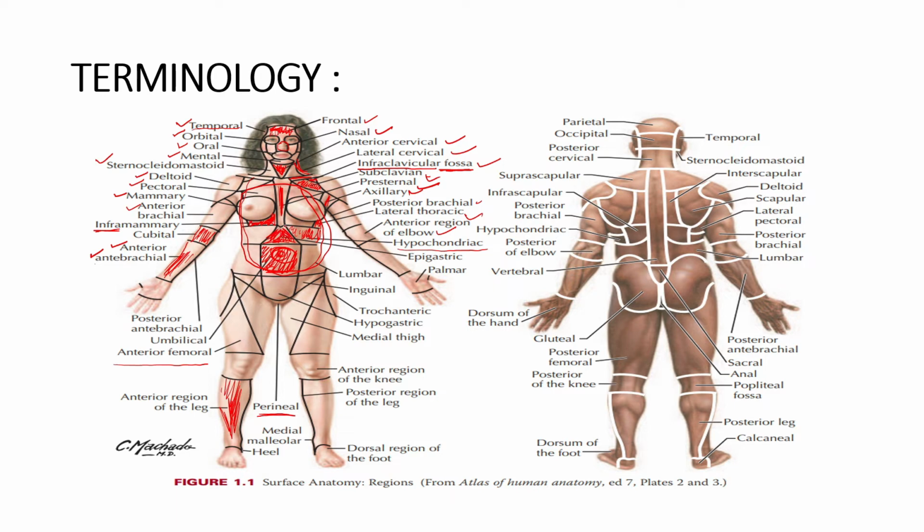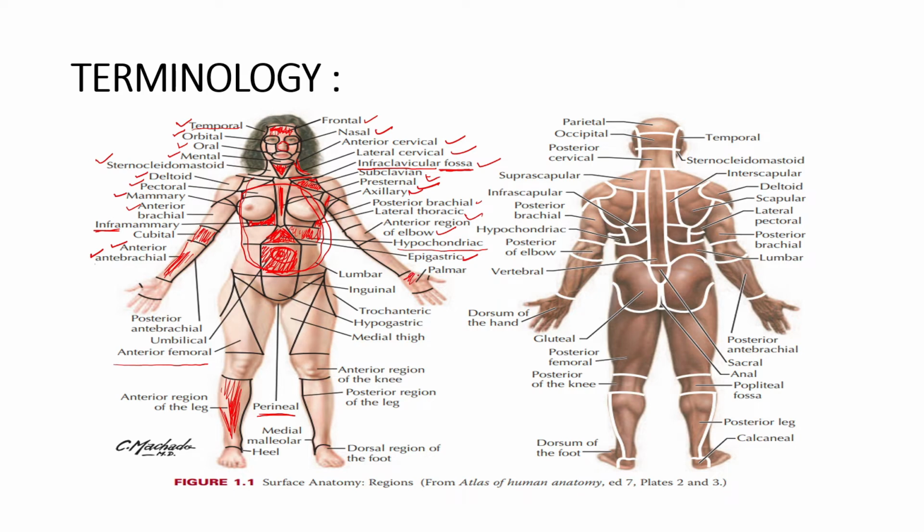Epi means upper portion, and gastric region, we know that behind this particular region there is our stomach. So from that particular view, this portion is called epigastric.